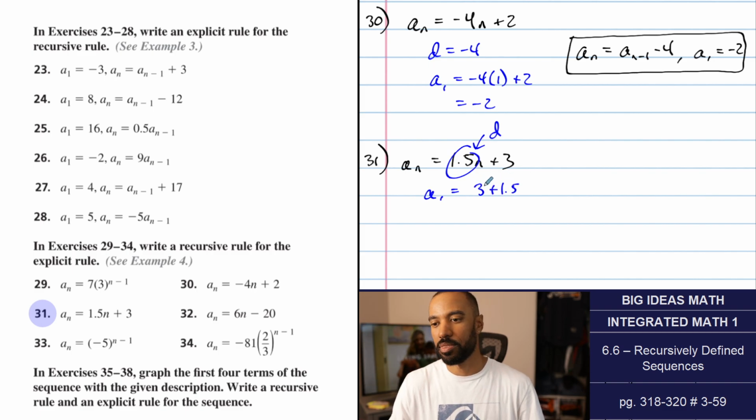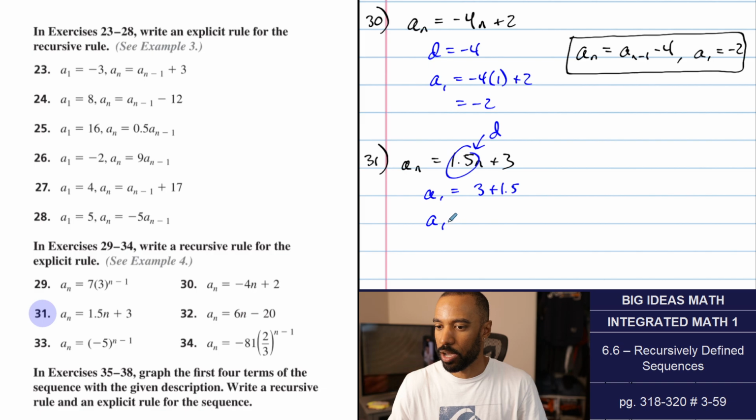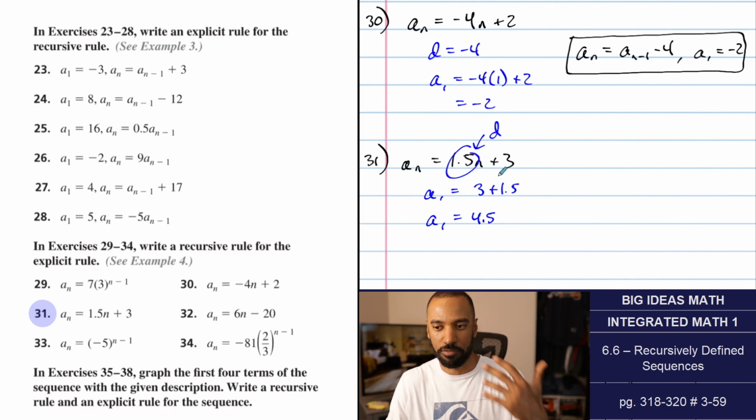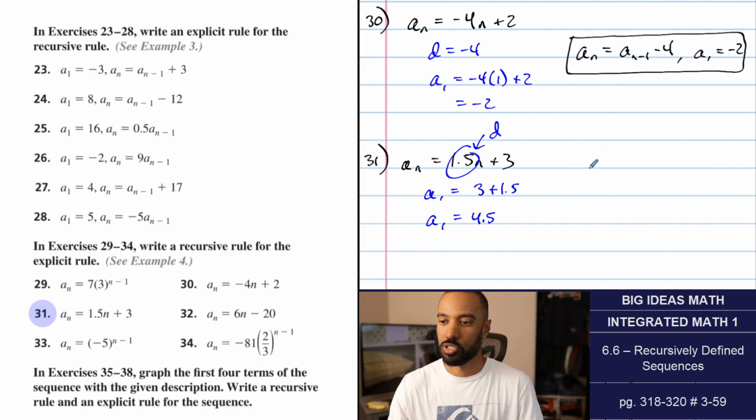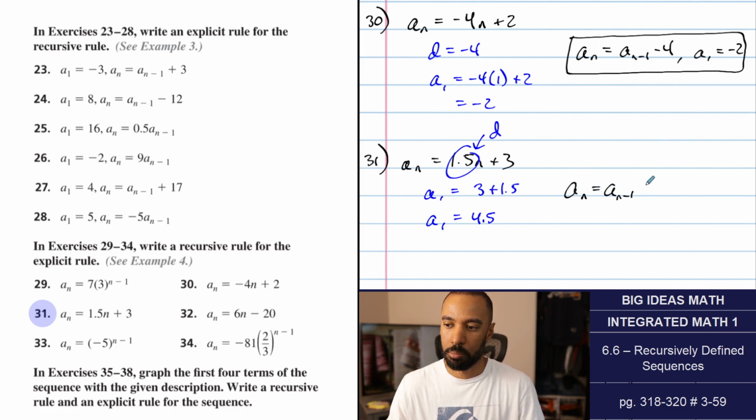And I'm bringing this up in this way to just remind you of really what's going on here. 1.5 times 1 is 1.5. And I bring up the 3 first because I like to think of the 1.5 as your common difference. You do this to your number. So 4.5 is your first term. So I can write that as a sub n is a sub n minus 1 plus 1.5. And your first term being 4.5.